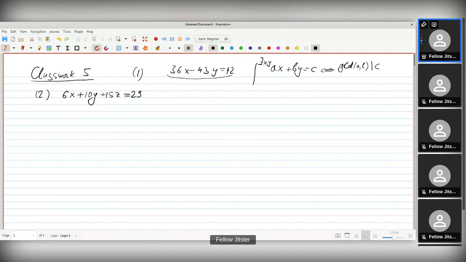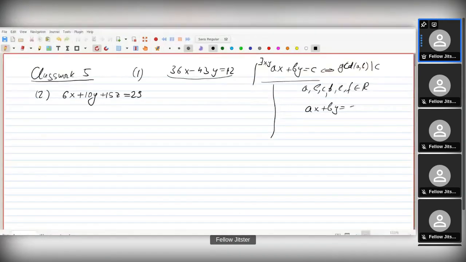For example, assume that we are considering reals, say A, B, C, D, E, F, not necessarily integers. So AX plus BY equals E, CX plus DY equals F. When does this have a solution?